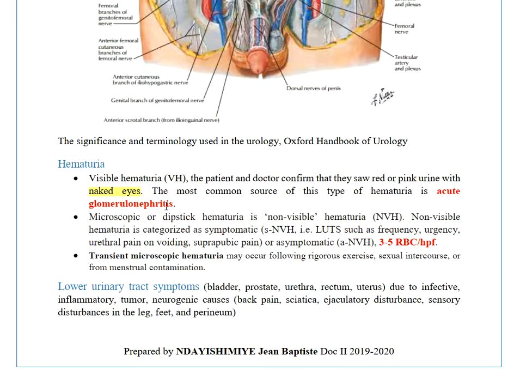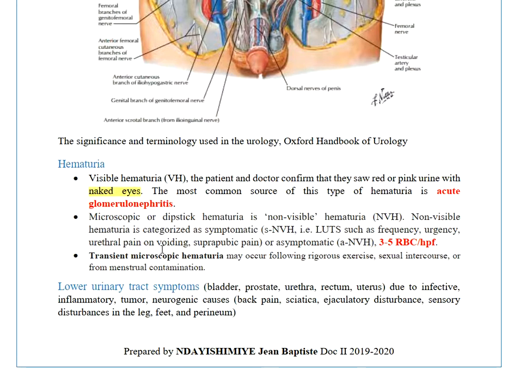Non-visible hematuria can also be classified into symptomatic non-visible hematuria and asymptomatic non-visible hematuria. When they say symptomatic non-visible hematuria, it means the patient has frequency, urgency, and urethral pain, or suprapubic pain.